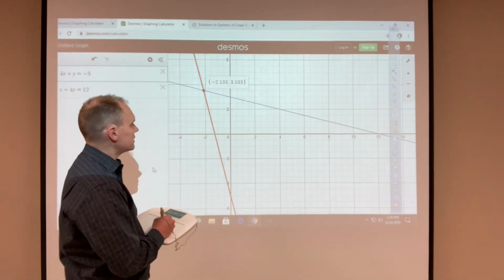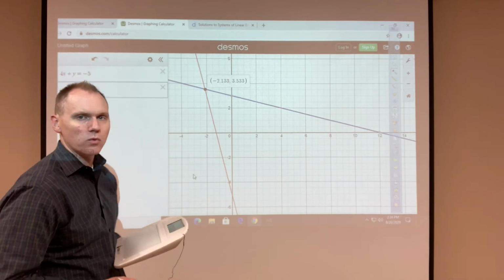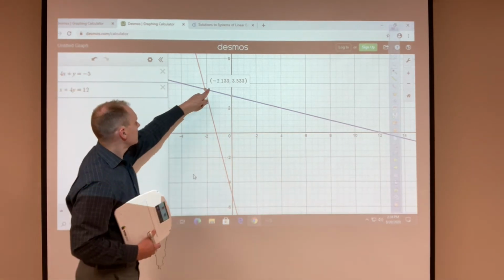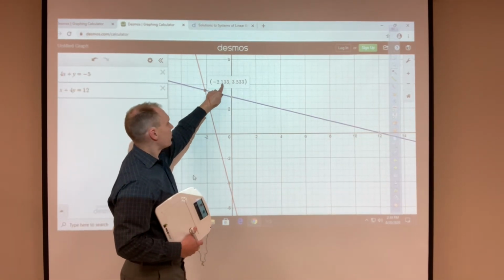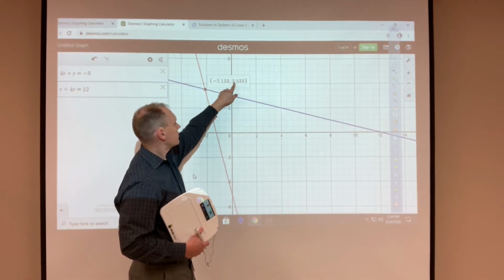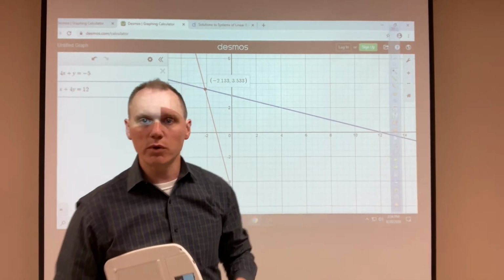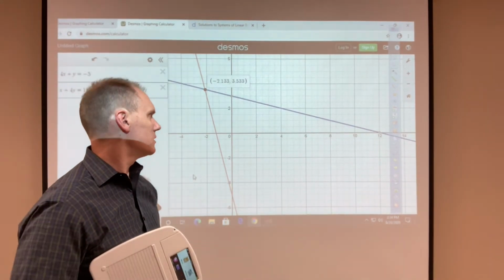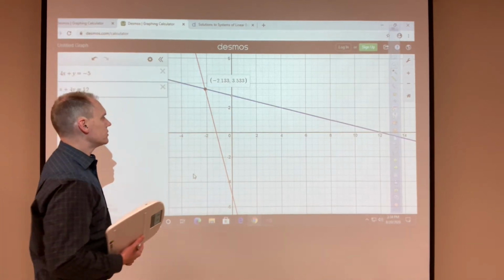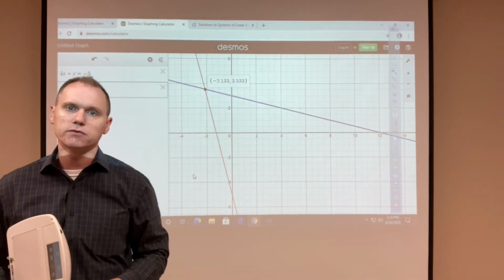And Desmos is nice because if you just click on the intersection, it tells you what the values are. So we were pretty close. We said negative 2.1, and it's actually negative 2.133. And then the y is 3.533 instead of 3.2, I think is what we said. So we were close, but not exact. And so you can use Desmos or your TI-84 calculator to find those points of intersection.